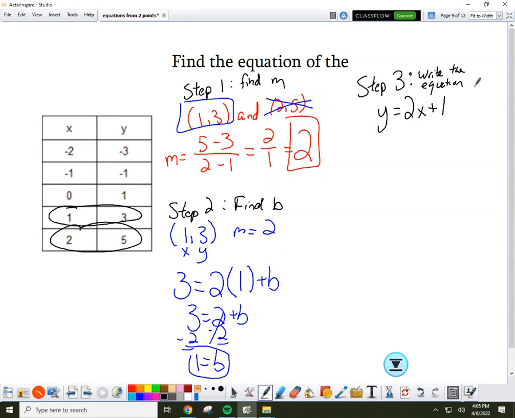So this is also our answer. But if you look back at this table, notice that our y-intercept is 1. If you remember anything about y-intercept, we know that the ordered pair for a y-intercept is always 0, comma, whatever number it crosses at. So if you look at this table and you notice, oh, my x is 0, that means my y-intercept is 1. They made it easy for us.